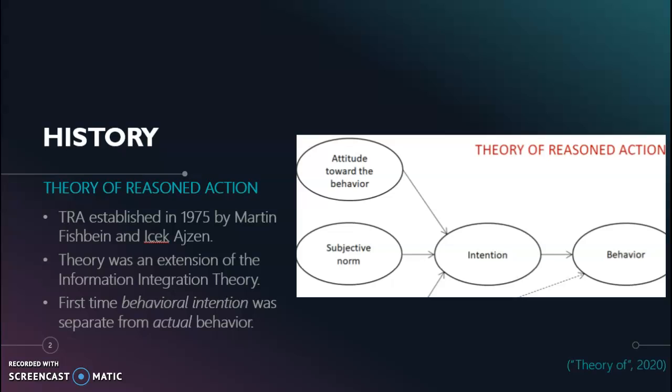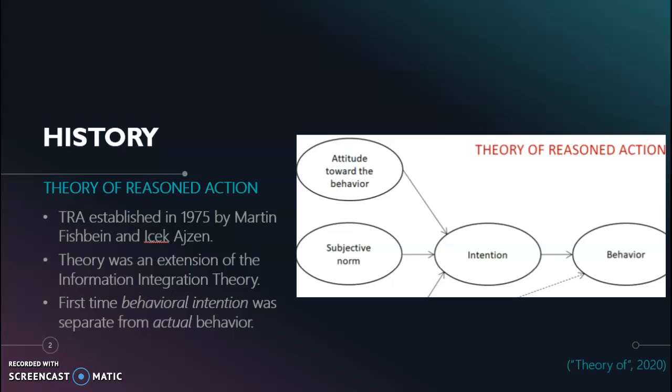And then second, the subjective norms around the behavior, which means the influence of the important people within that individual's social environment. Subjective norms are the perceived approval or disapproval of the behavior in question by these important others in an individual's life.